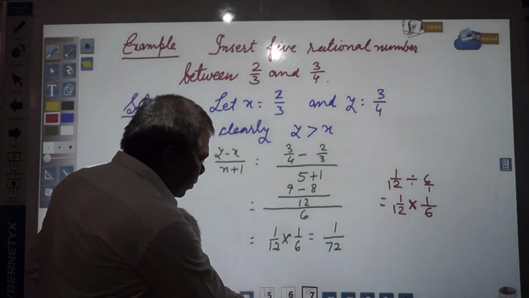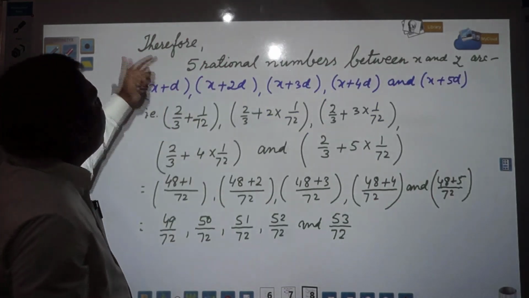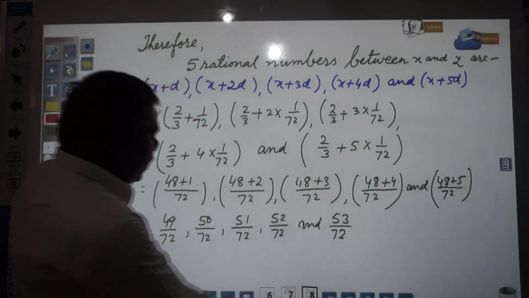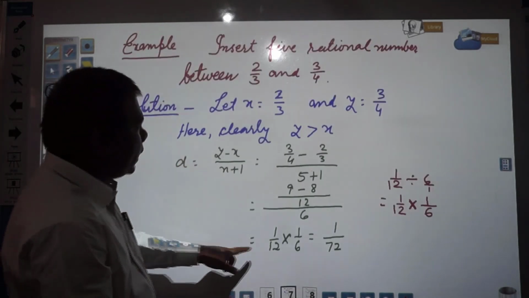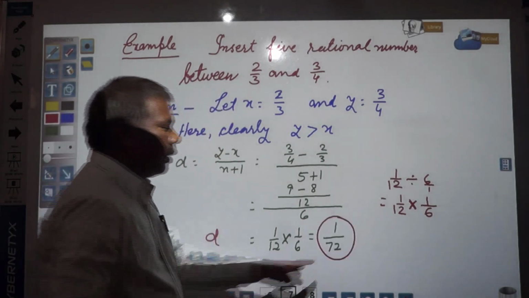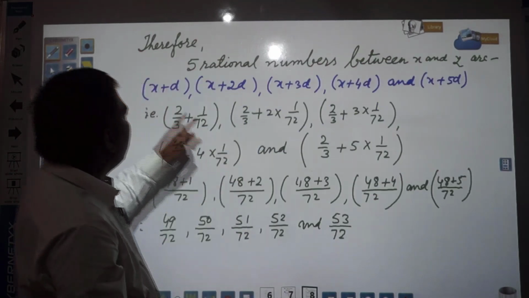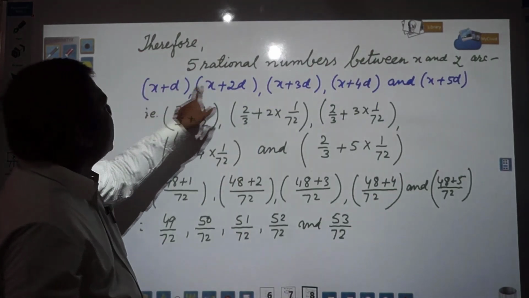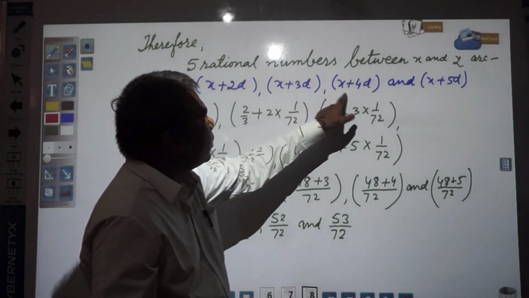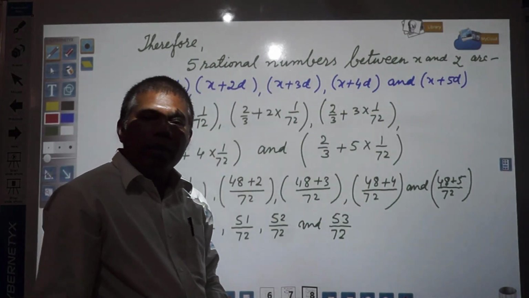Next, then what will we do? Therefore, find, because already you got d is equal to 1 by 72. This you needed to find out. Now just put this in the formula: x plus d, x plus 2d, x plus 3d, x plus 4d and x plus 5d, and you find the 5 numbers.